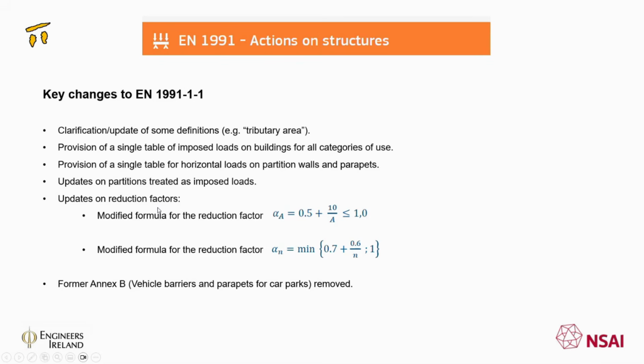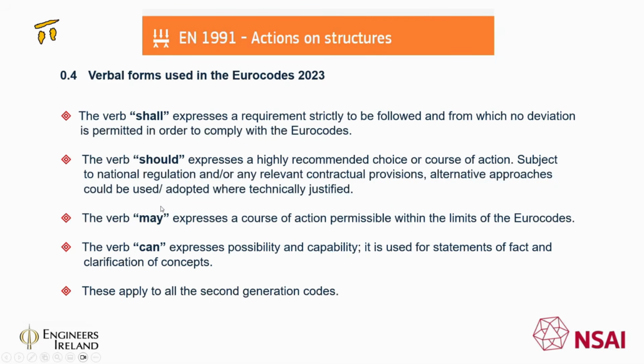And now this is a general slide, which I showed when I gave my talk 2 weeks ago on EN 1990. Basically, the verbal forms used in the Eurocodes are four verbal forms with different requirements of compliance.